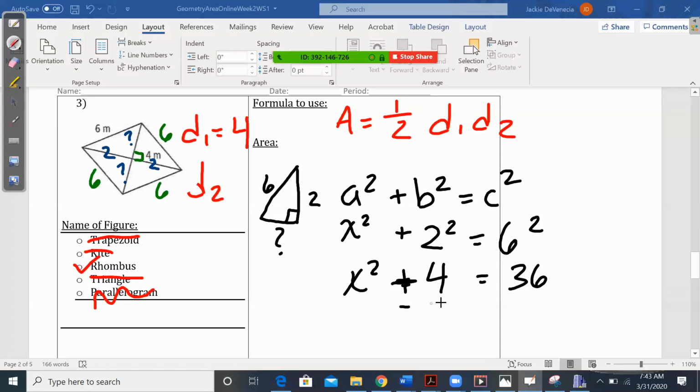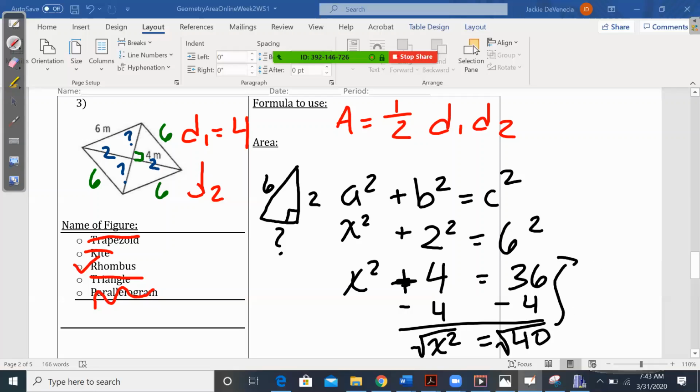And then we want to isolate X squared. X squared is equal to 40. And if I want to go ahead and get the square out of the way, I'm going to square root both sides.